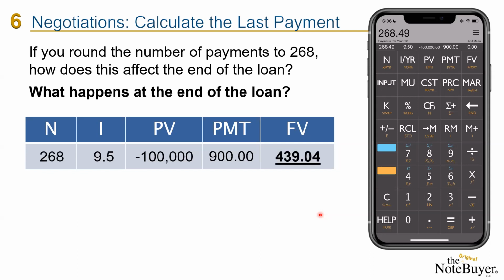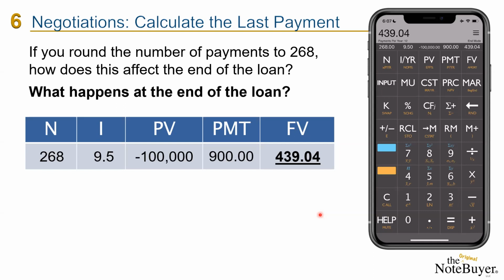So we've already got these set. We're going to enter 268 into N, and then we're simply going to solve for FV. So let's do that. We'll put 268 into N, and we're going to press FV, and we find out that the borrower would still owe $439.04.